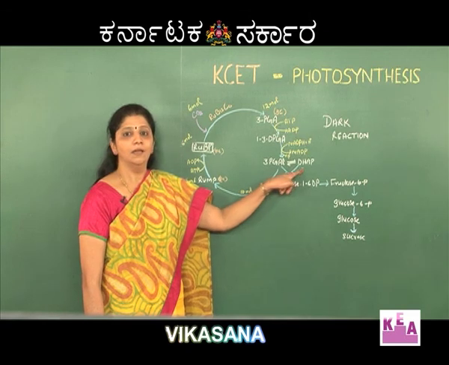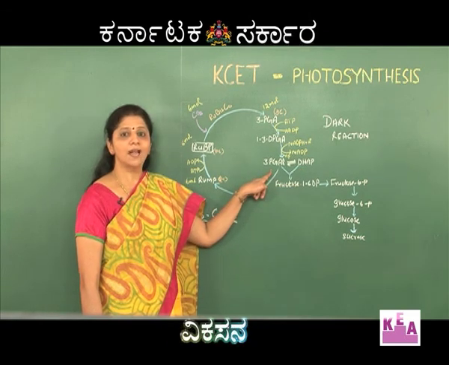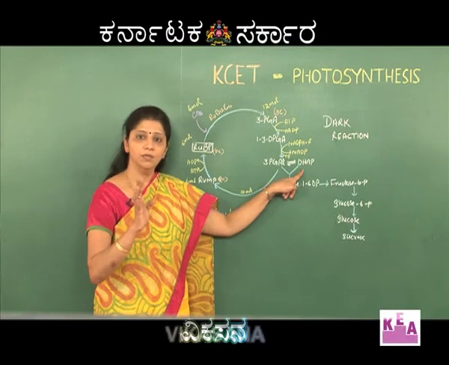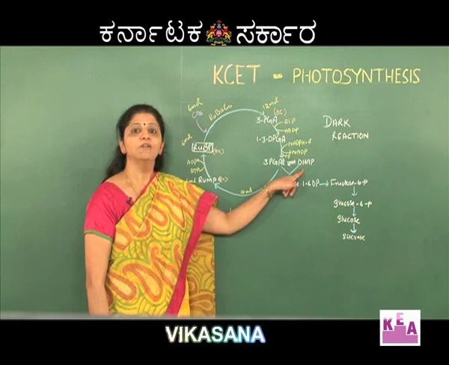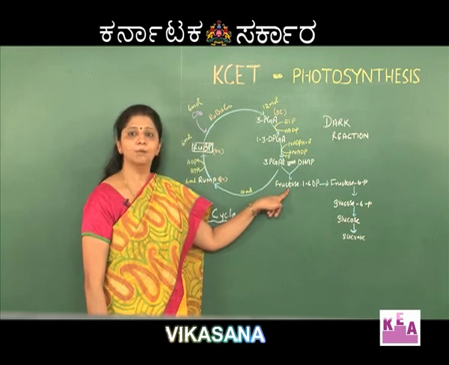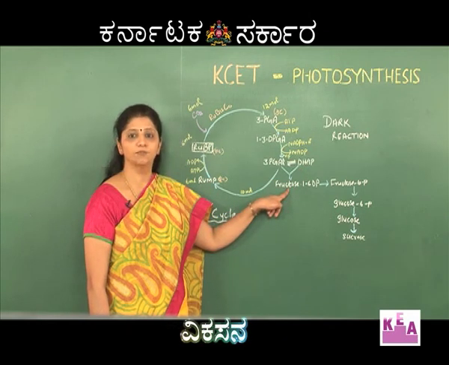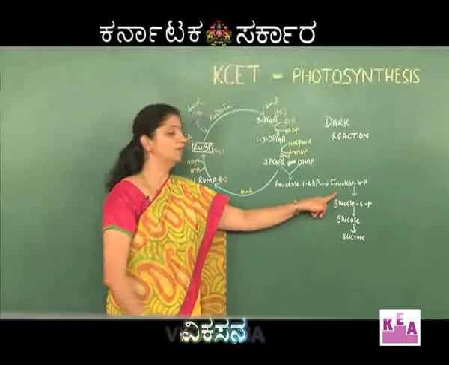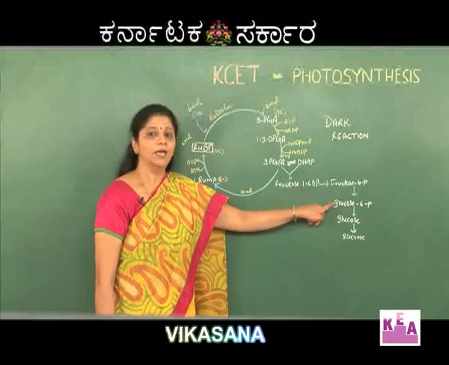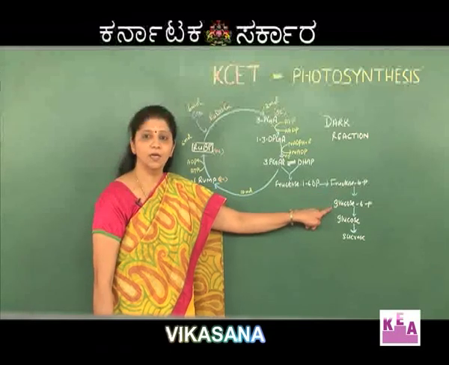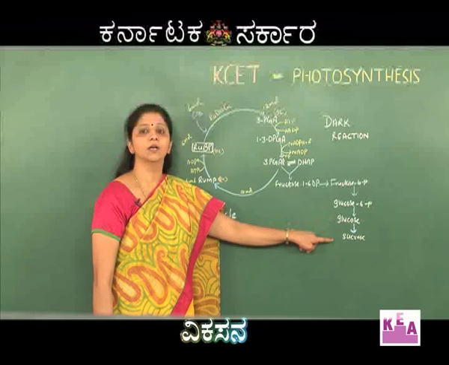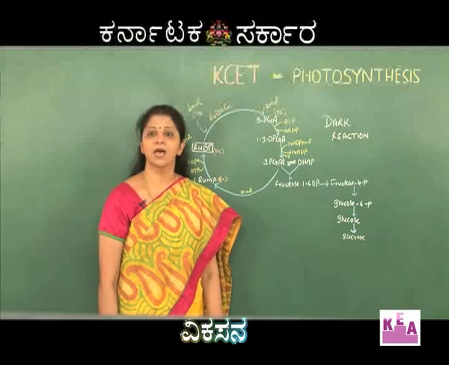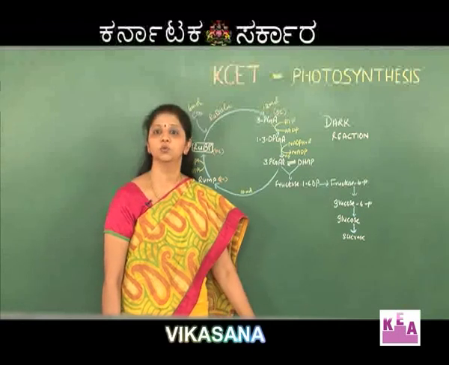Now this phosphoglyceraldehyde and dihydroxyacetone phosphate, both 3-carbon compounds, fuse to form a 6-carbon compound, fructose 1,6-diphosphate. Fructose 1,6-diphosphate is converted to fructose 6-phosphate, again changing to glucose 6-phosphate. Glucose and glucose are converted to sucrose and finally to starch. Now we understood how starch, or carbohydrate, is produced through the dark reaction.